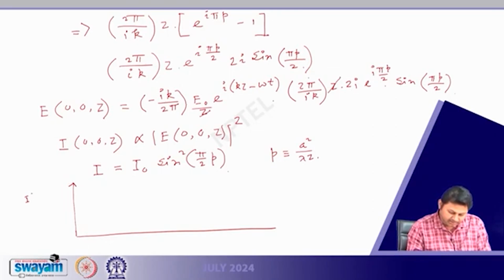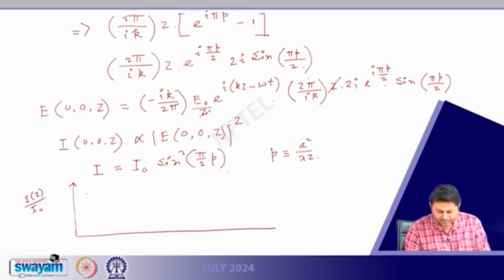I, which is a function of z only, divided by I naught. I make it normalized. So this is the value of 1, which is the highest value.